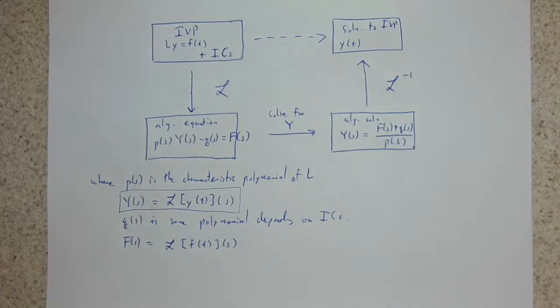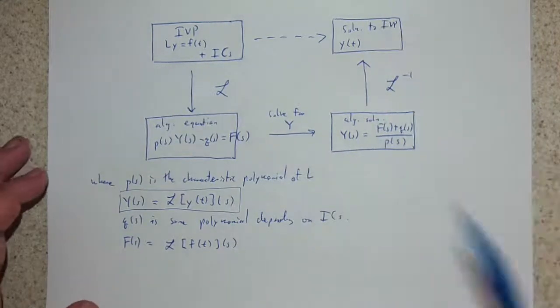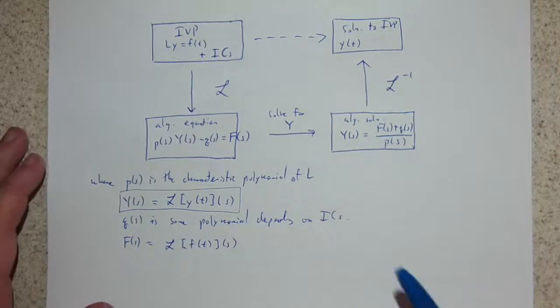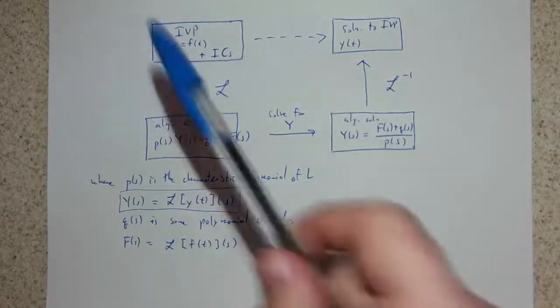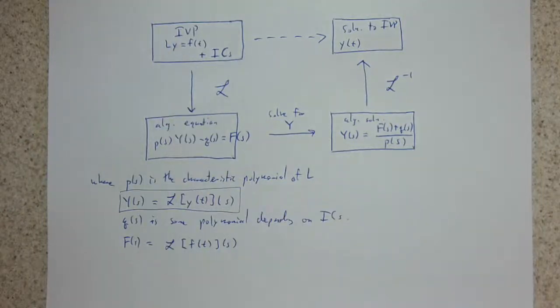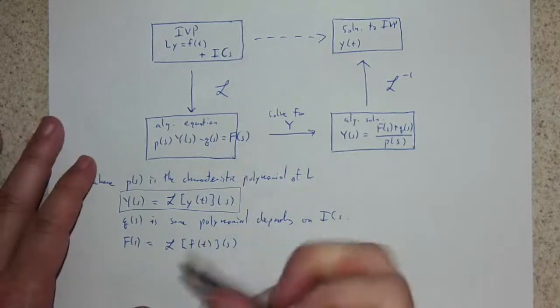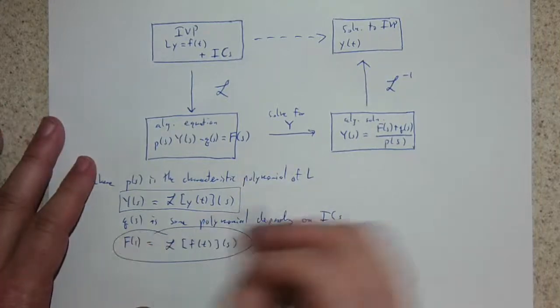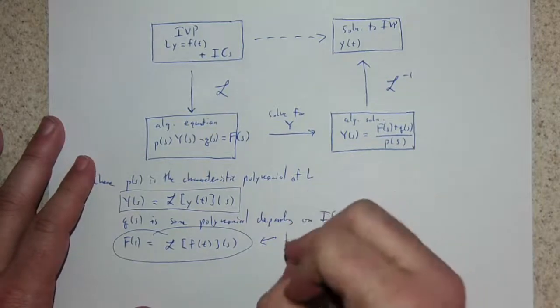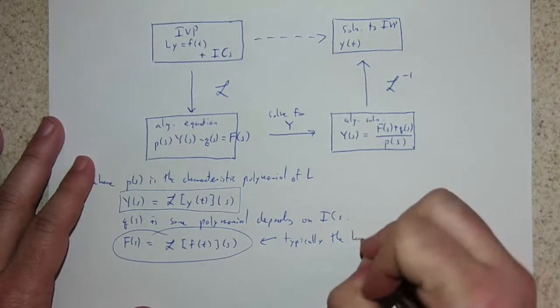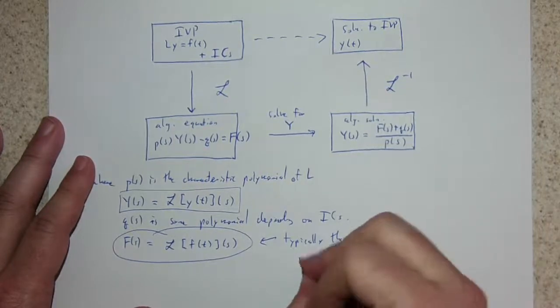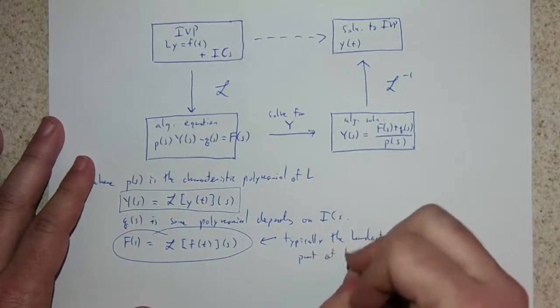This process is totally determined. All that's left for you to do is actually compute these things. Typically, the hardest part of this process is finding big F, computing this Laplace transform.